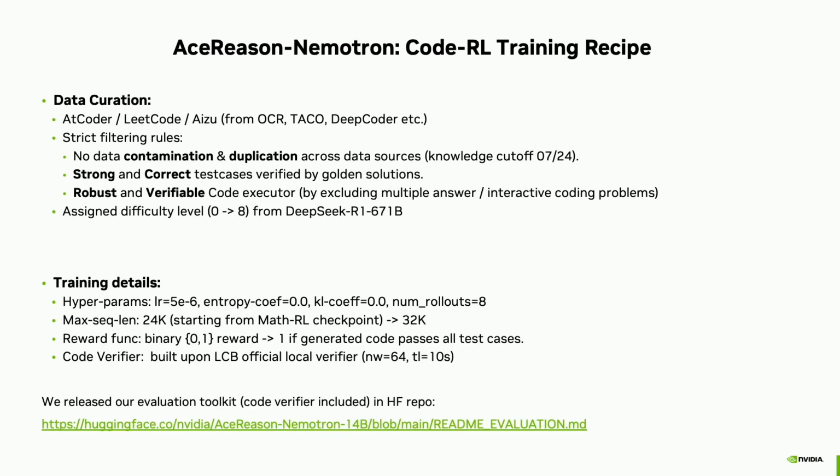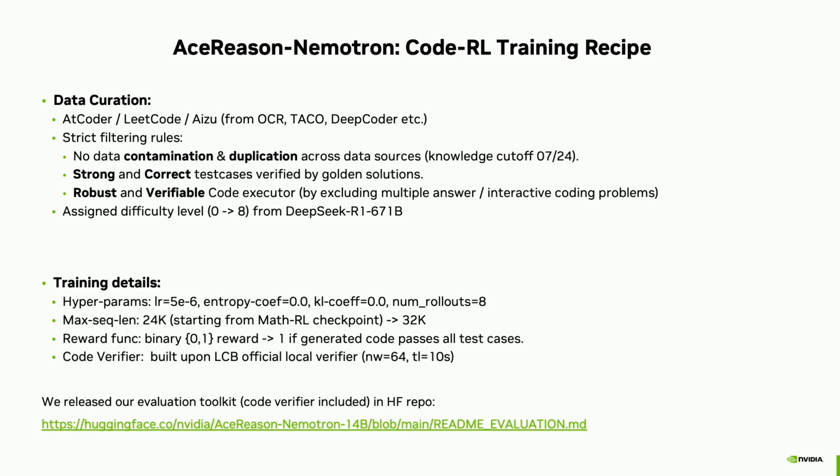Regarding data creation, we use data from modern competitive programming platforms, including LeetCode and others. Beyond that, we set very strict data filtering rules. First, we need to make sure there's no data contamination and duplication across the data sources we use.